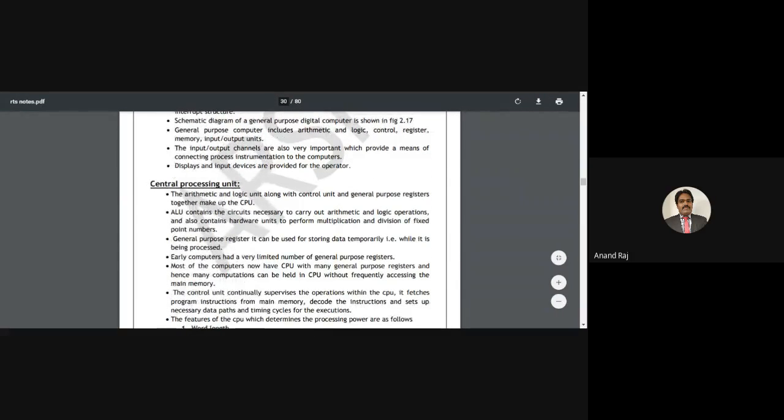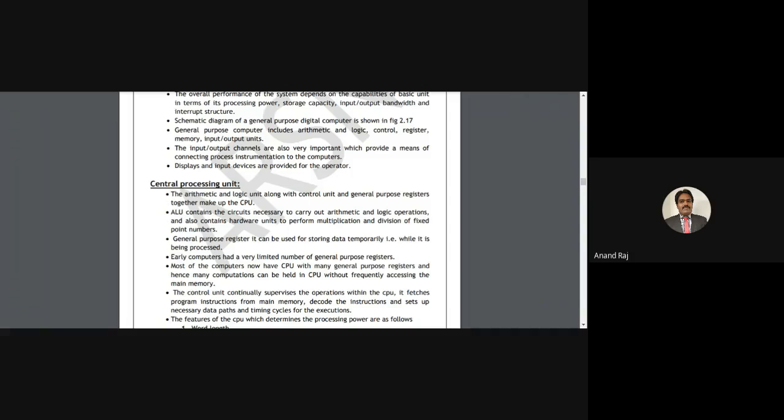Now, if I go into detail on the CPU, the major block of the CPU is the arithmetic and logic unit. Along with the control unit and general purpose registers, the CPU comprises the ALU, control unit, and general purpose registers. The ALU contains the circuits necessary to carry out arithmetic and logic operations.